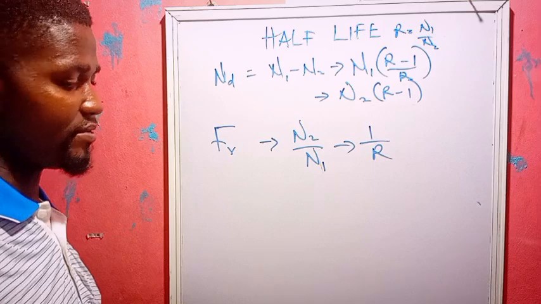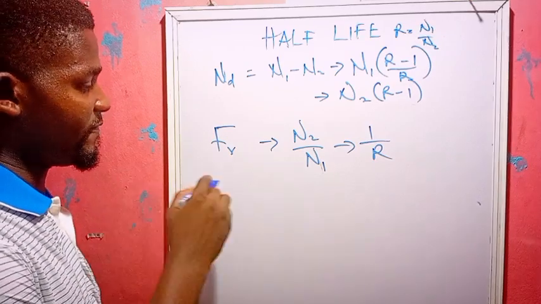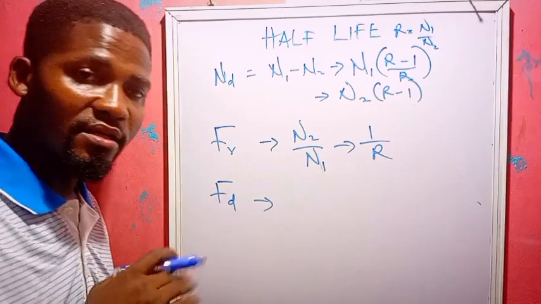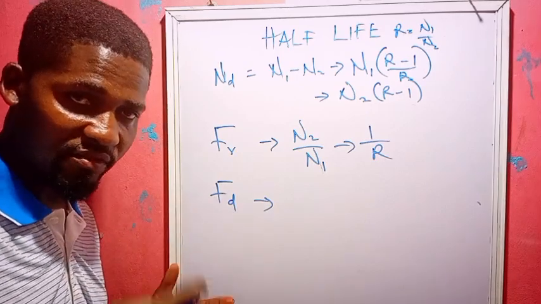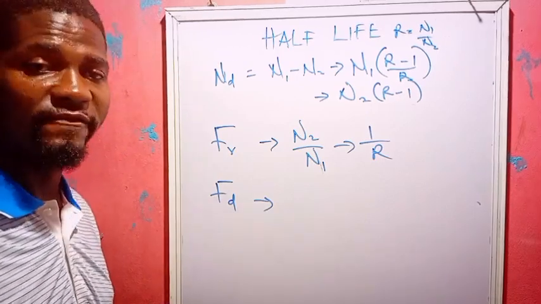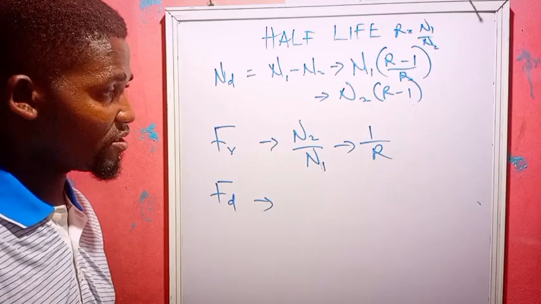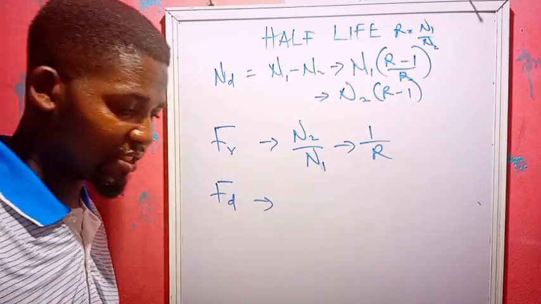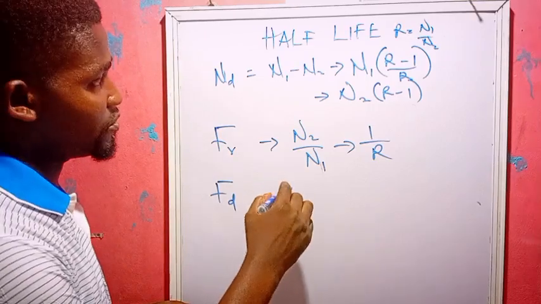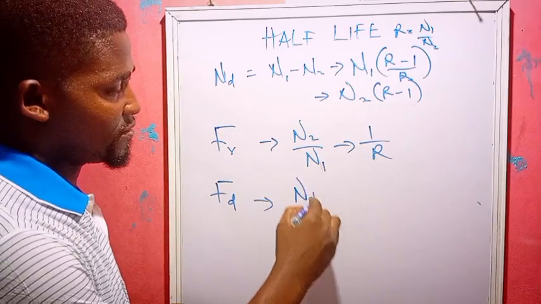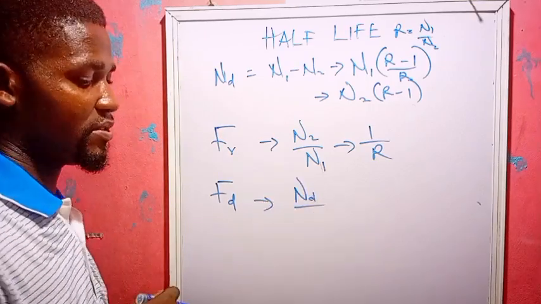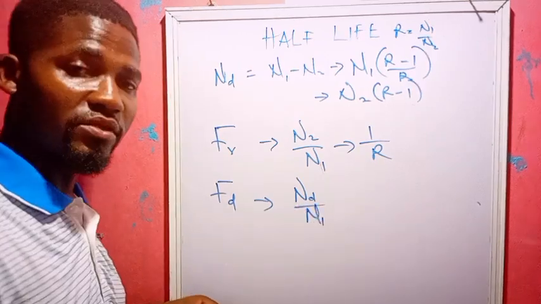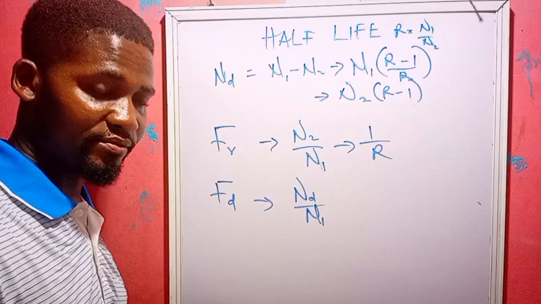We also have the formula for the fraction that decayed, which is equal to the number of atoms that decayed over the initial number of atoms, N1.